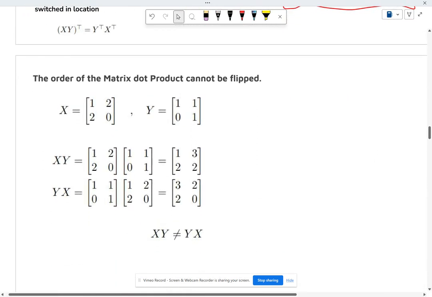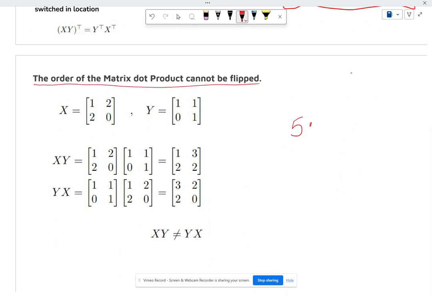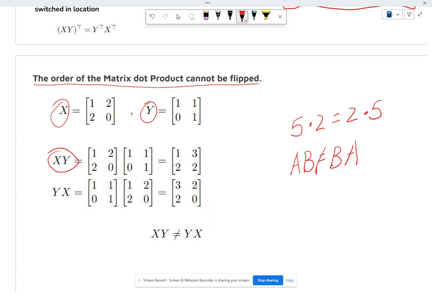The order of the matrix dot product cannot be flipped. We're often used to think that 5 times 2 is equal to 2 times 5, and therefore, you might think AB is equal to BA. And this is not true. They're not the same. If we have x and y here, for example, and let's multiply dot product together. Now remember, the dot product is here and here, right?